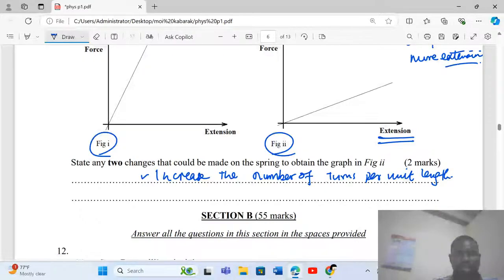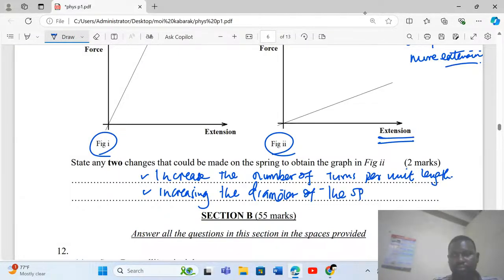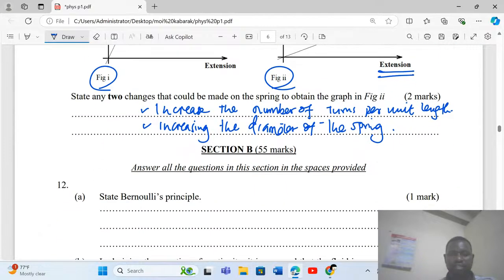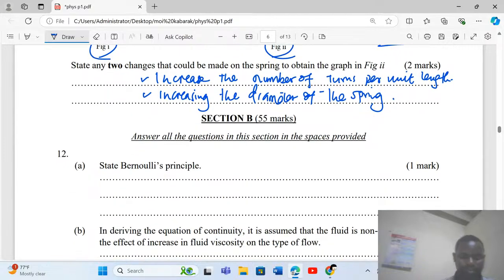And number 2 is in case of increasing the diameter of the spring. And this tells us how these two factors affect the spring constant.